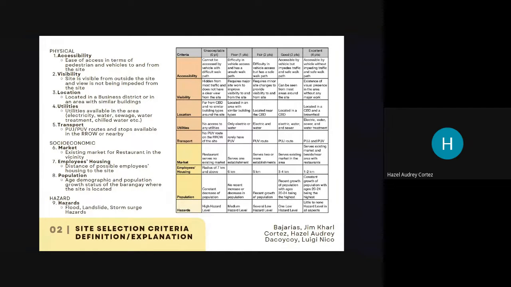We also consider the housing of employees, so within a distance there should be possible housing for employees. For population, we consider the age demographic and the growth rate of the barangay in which the site is located. And lastly, we consider the hazards: flood, landslide, and storm surge hazard levels from NOAA, Project NOAH. So next.